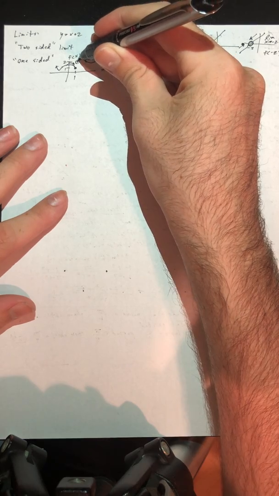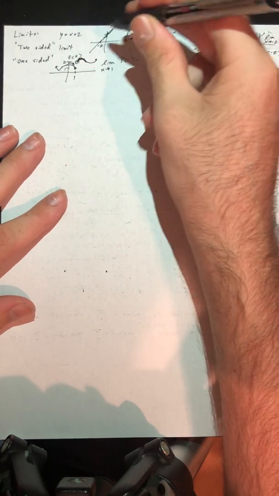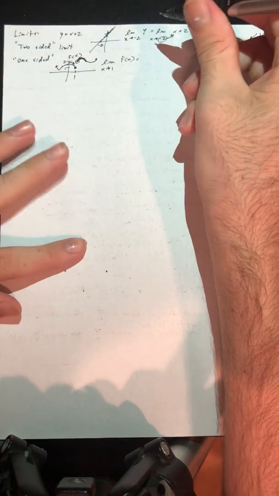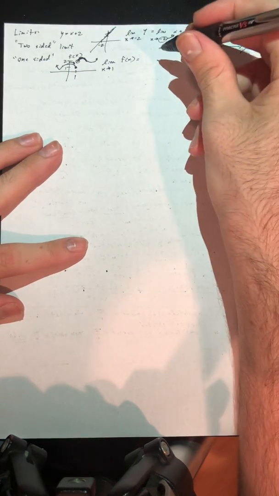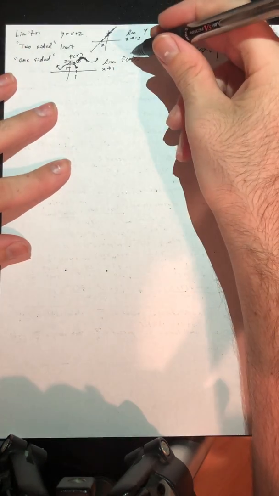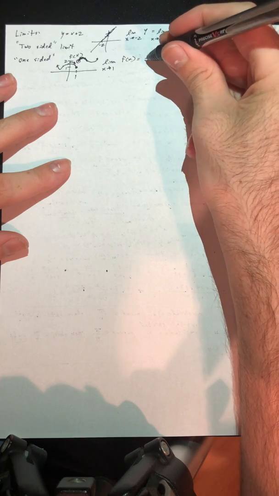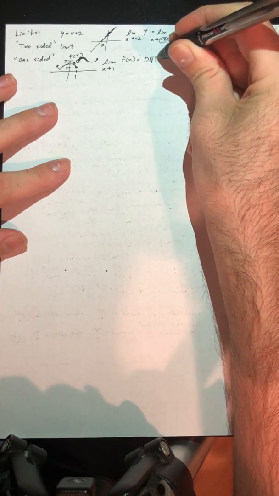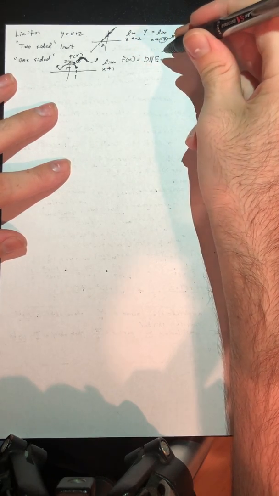So which is it, 1 or 2? Well, it's neither in this particular instance, since the one-sided limits are not the same. You approach 1 from both sides and you get two different answers. So this two-sided limit does not exist. DNE, does not exist.